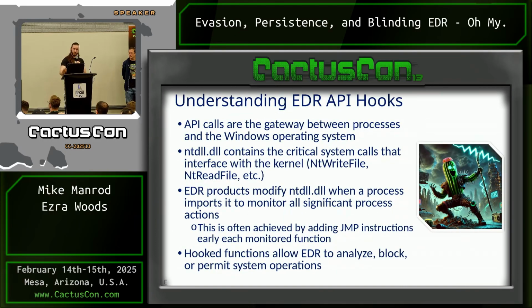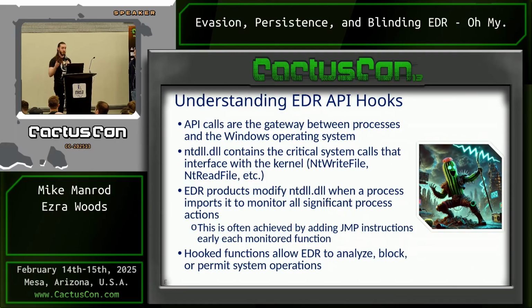So going back to EDR API hooks themselves, API calls are specifically the gateway between processes and the Windows operating system. So anything you want to do, like creating a file, is going to call an API. ntdll specifically contains a lot of the lower level API calls like writing files, reading files, deleting files, and many others.